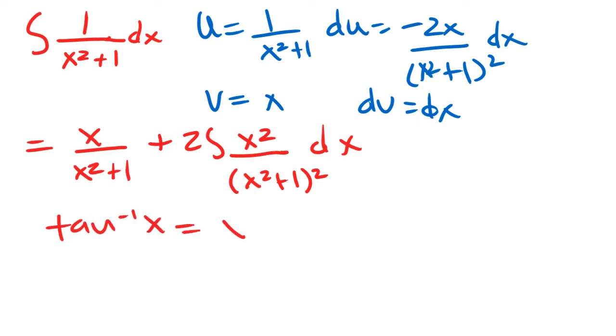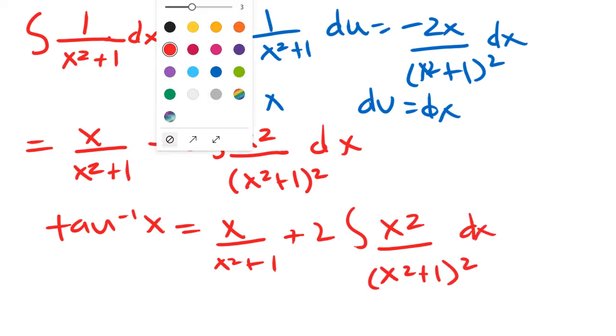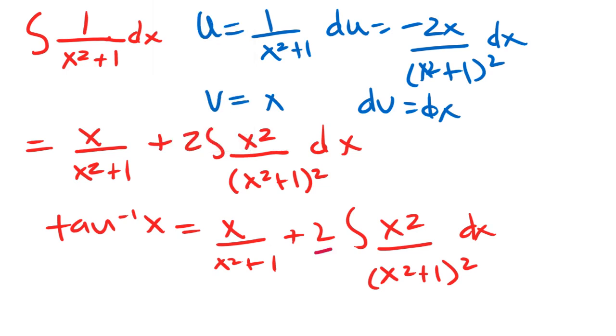And then I'm left with x over x squared plus 1 plus 2 times the integral of x squared over x squared plus 1 squared dx. But notice, what could you do with the 2? Well, I could just divide it out, right? So we can just take 1 over 2 and then 1 over 2.